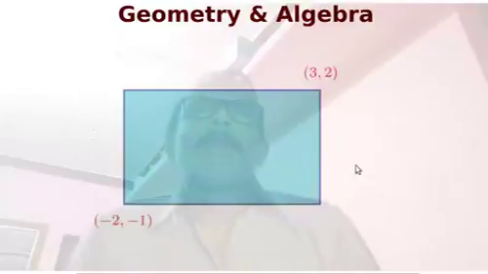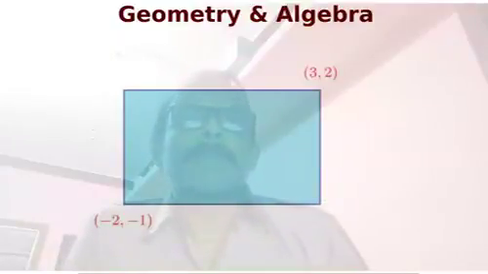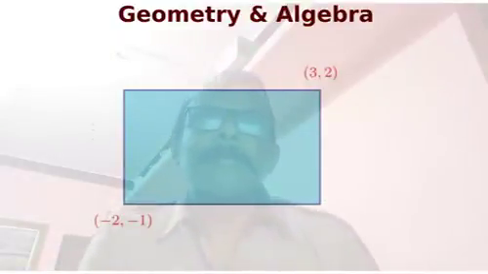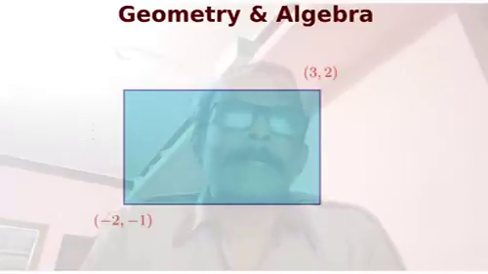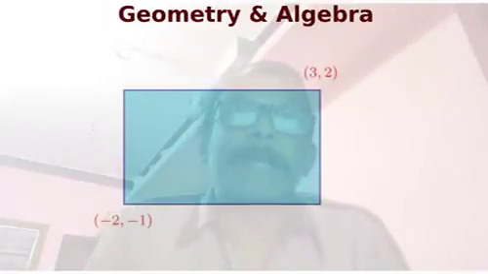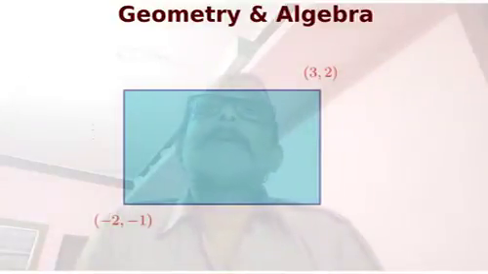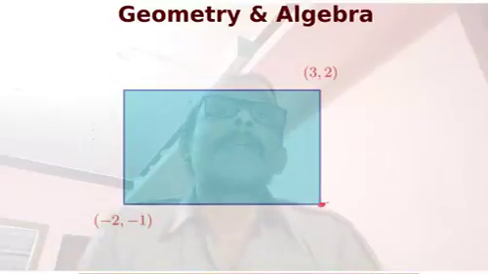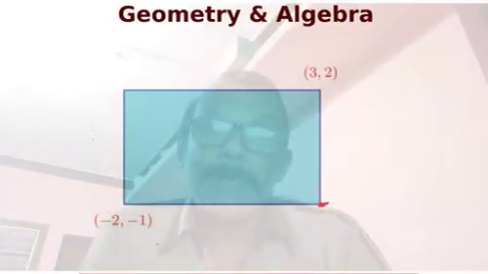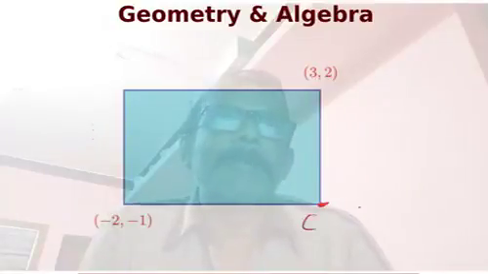Okay. Now let us do one problem from the last portion. Here is a rectangle and its sides are parallel to the axes. Can you give me the coordinates of this point? Yes, it is very easy because we have covered that on a line parallel to the x-axis all y's will be equal.